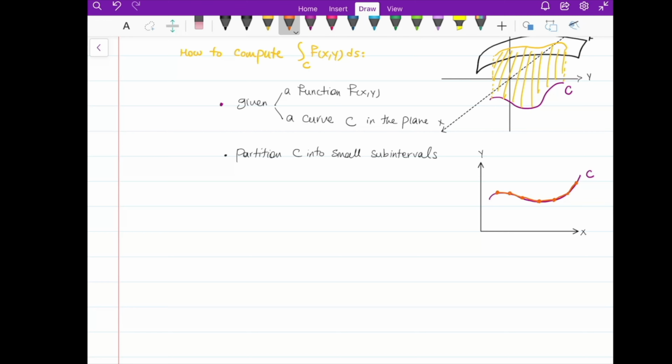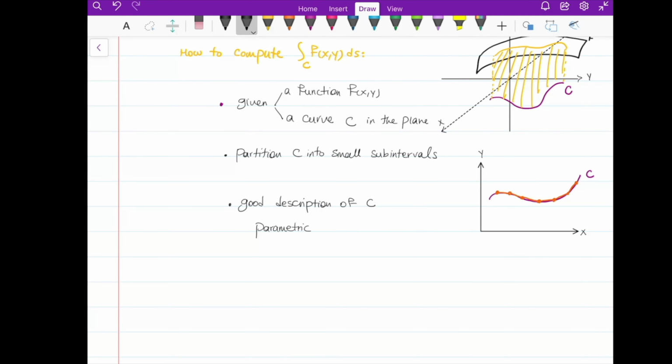Okay, and then to compute the integral, we need a good description of the curve C, and by a good description, I mean a parametric equation of C.